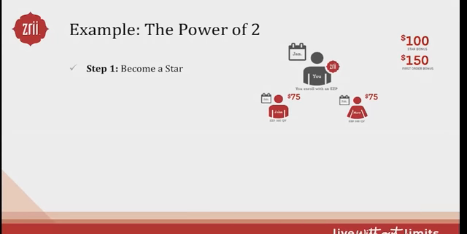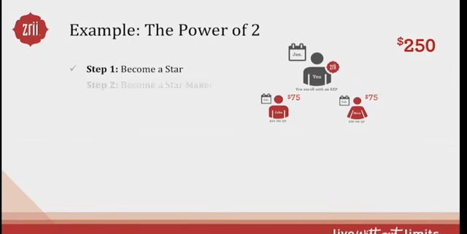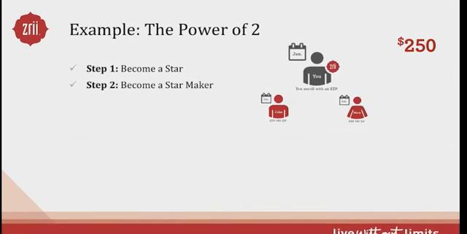Let's take a look at how powerful the Power of 2 system can be when you duplicate the PZP level instead of EZP. In other words, you enroll with Zrii on a Premier Z Pack, or PZP, for 1000 QV, and you duplicate the same thing with John and Mary, which they then duplicate with their teams. At the PZP level, your first order bonus would rise from 15% to 25%, earning you $250 on John and $250 on Mary.